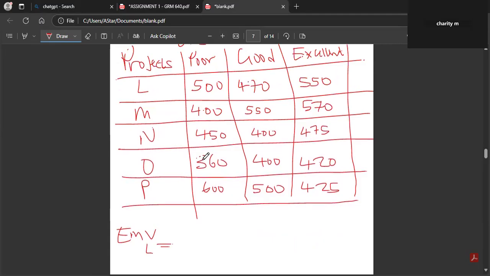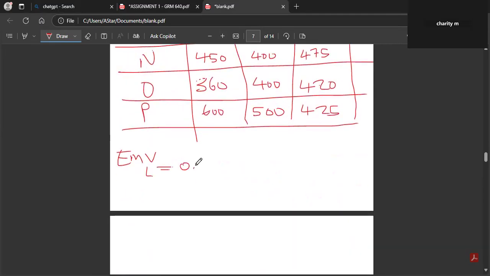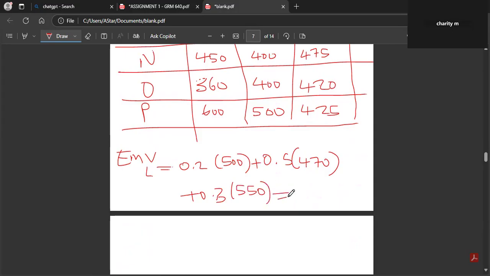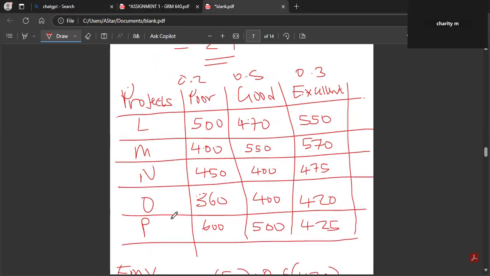It will be 0.2 on 500, plus 0.5 on 470, then the other one will be plus 0.3 on 550. So calculate for me 0.3 on 550. What answer are we getting? Just a minute. So you do the same workings for other projects: M, N, O, P. You can manage that, right?